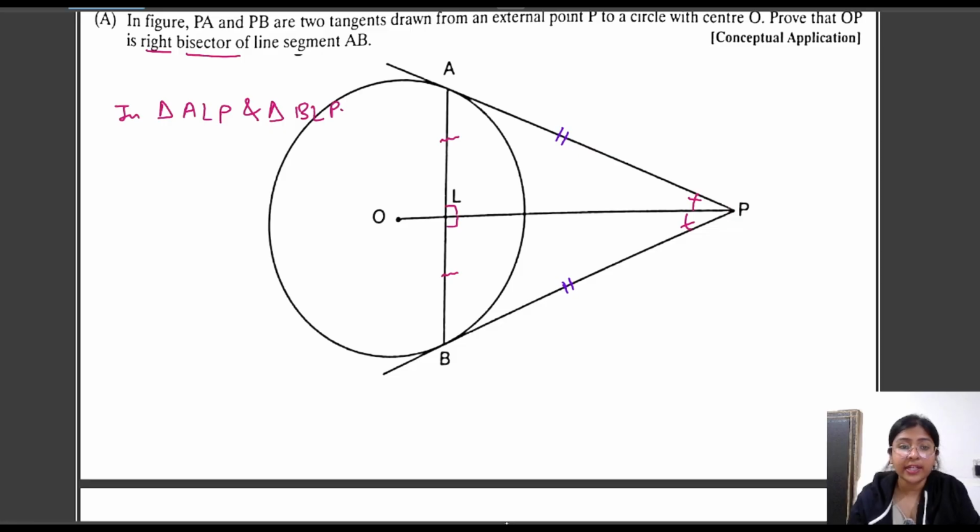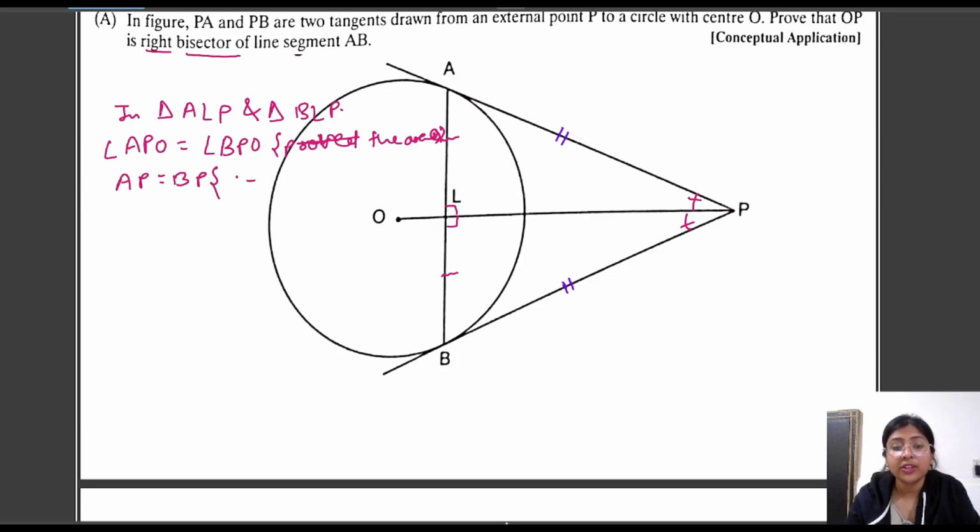So we can write angle APO is equal to angle BPO, proved above, or by theorem 2. AP equals BP. Why? The length of the tangent drawn from an external point. LP equals PL, common.